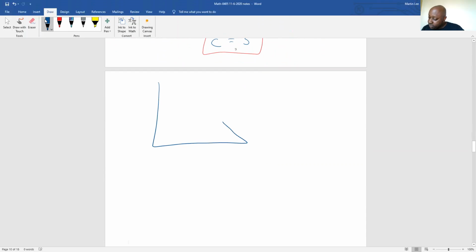Okay, so for this right triangle, the hypotenuse C is 13. My side A, I don't know. And this leg B is equal to 12.